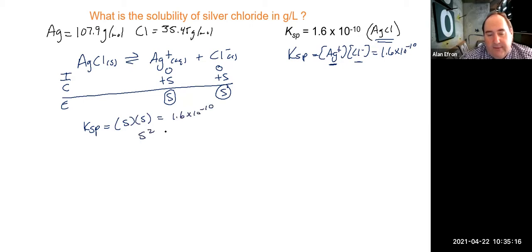That gives us S squared. To get us to S, we're going to take the square root of the other side, and that would end up giving us the square root of 1.6 times 10 to the minus 10. That's going to give us 1.3 times 10 to the minus 5, it looks like.